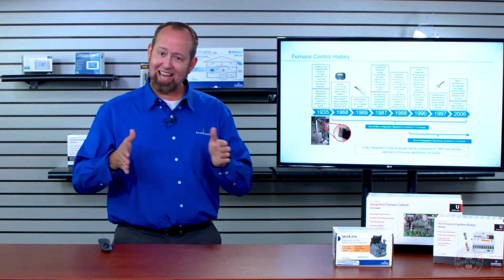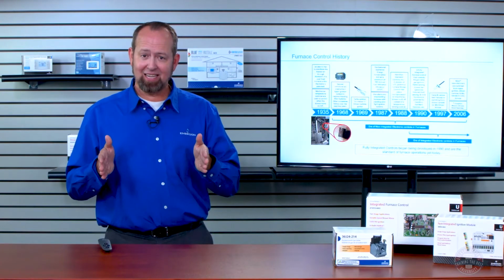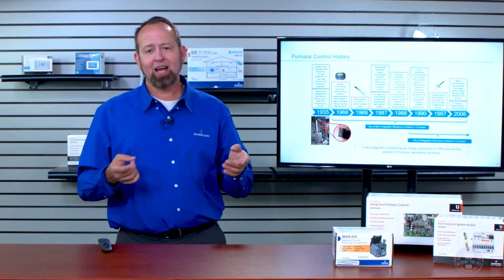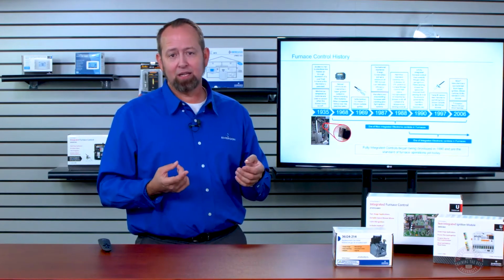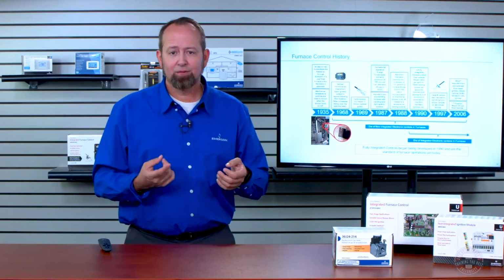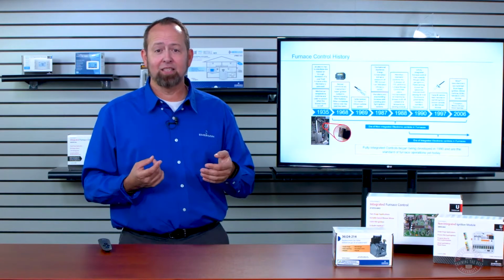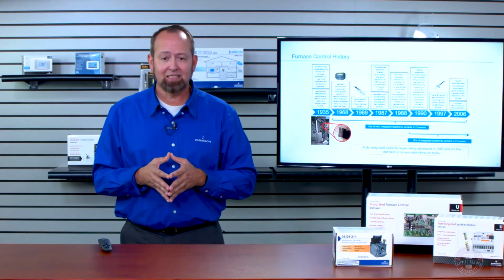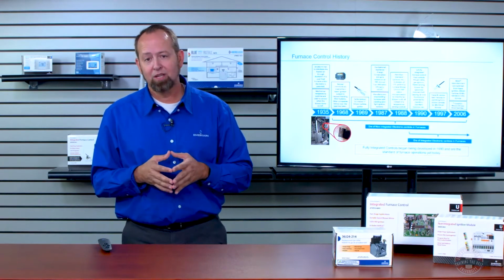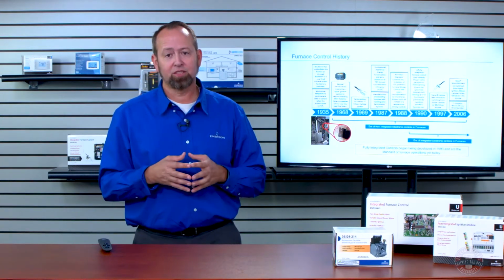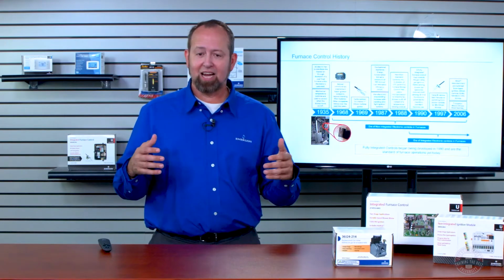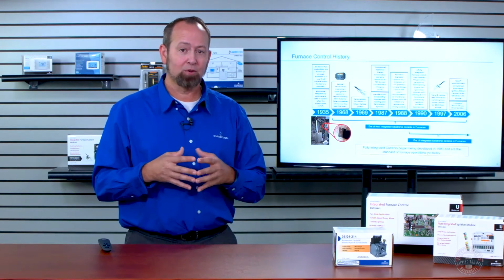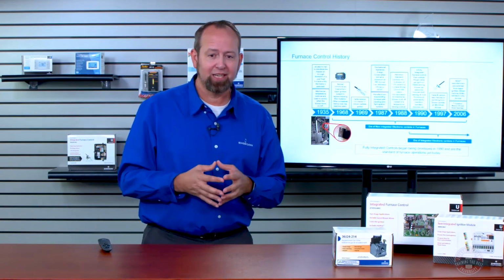Once we got to that efficiency, to hit 78 or 80% efficiency, we no longer could have a standing pilot burning 24/7. The furnaces with standing pilots ended their manufacturing in 1978. They all went to a direct spark or hot surface, some form of ignition that actually started that gas burner at the time the call for heat was initiated.